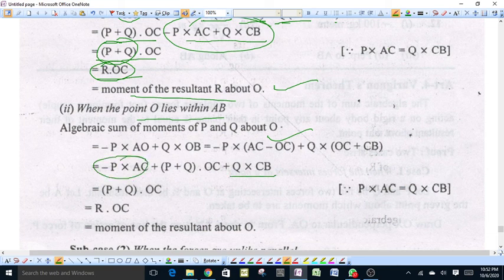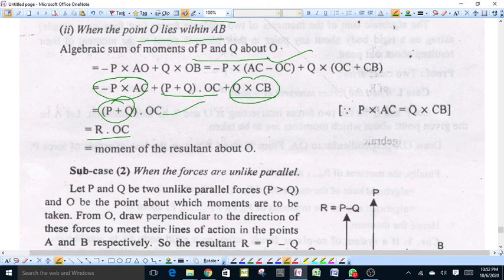Minus P into AC plus Q into CB will be equal to 0, and the total algebraic sum of moments of P and Q about O comes out to be P plus Q into OC. But P plus Q is equal to the resultant of parallel forces P and Q. Therefore, the algebraic sum of moments of P and Q about O is equal to the moment of their resultant about O.